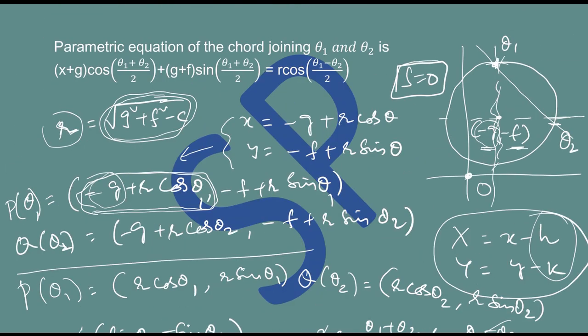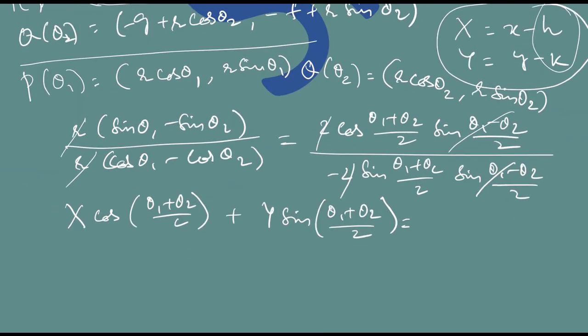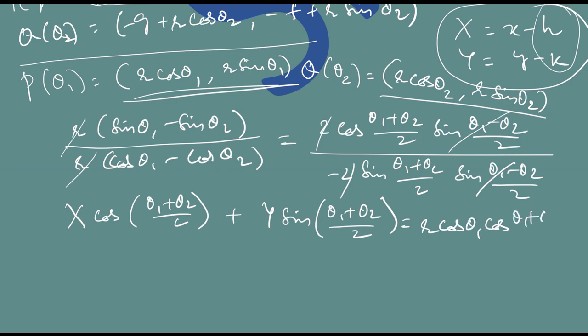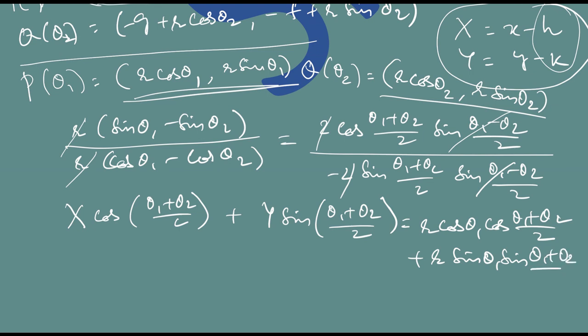You can take any one of these points, but the coordinates should be from the new system. That means either you can take this point or this point. So taking this point for fun, I'll have it as r cos theta 1 into cos of (theta 1 plus theta 2)/2 plus r sin theta 1 into sin of (theta 1 plus theta 2)/2.